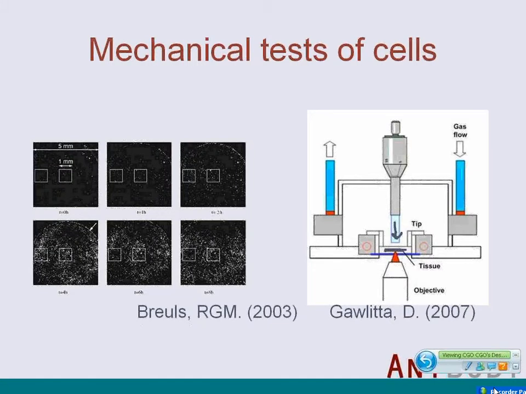Then you can, for example, get plots as you have over here to your left side, where the dark pictures represent cells that are living, and the white dots that show up after some hours are the dead cells.